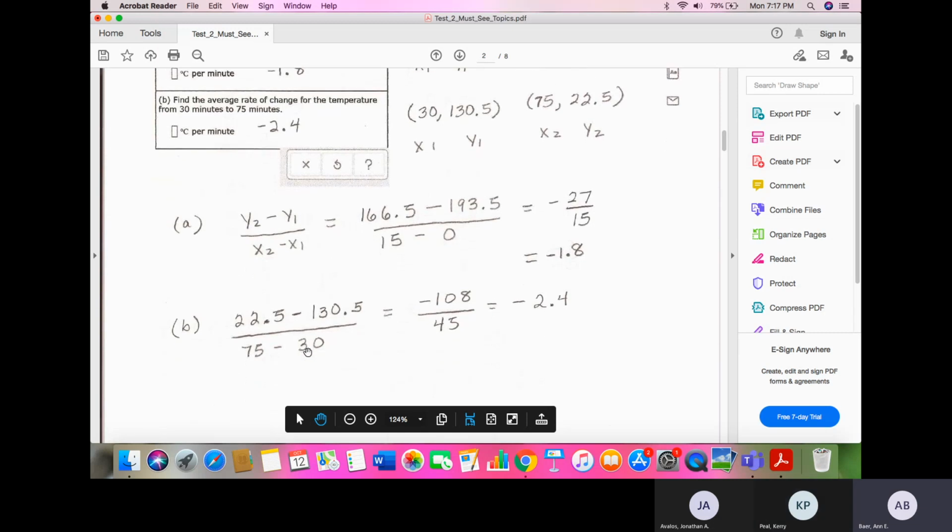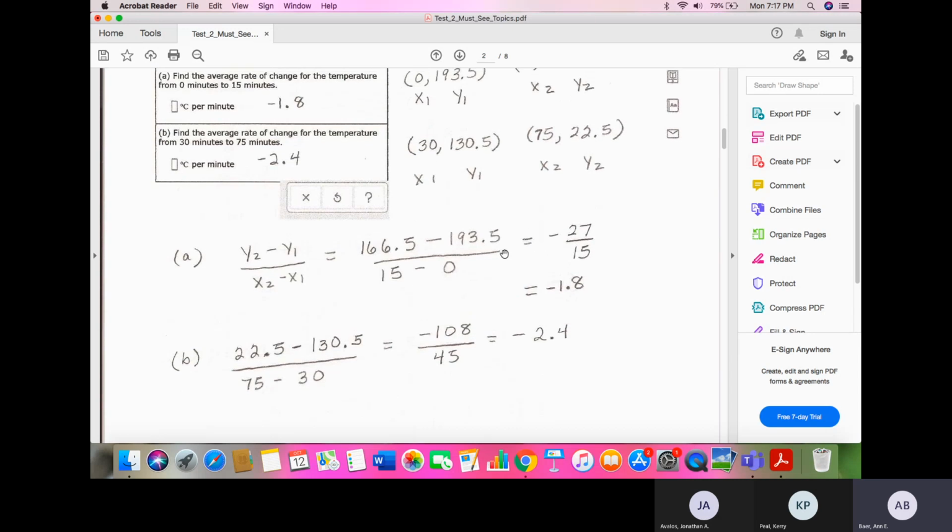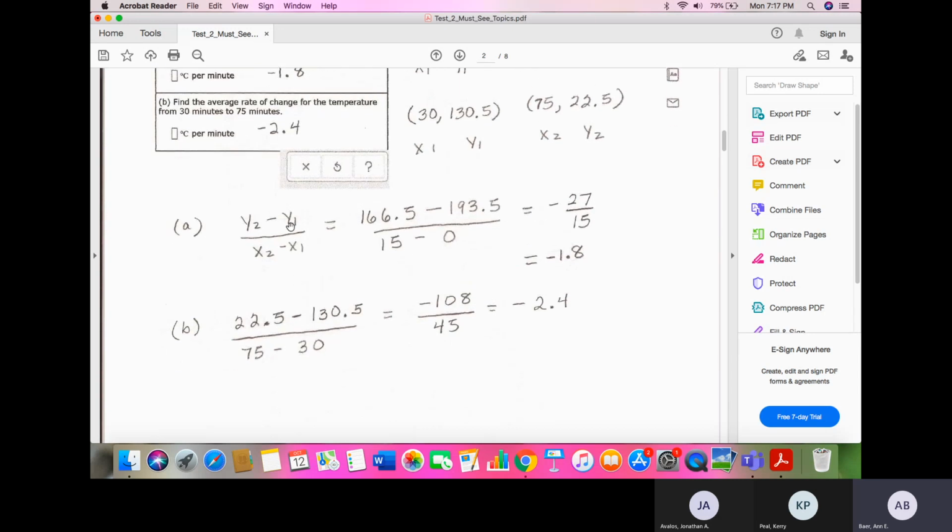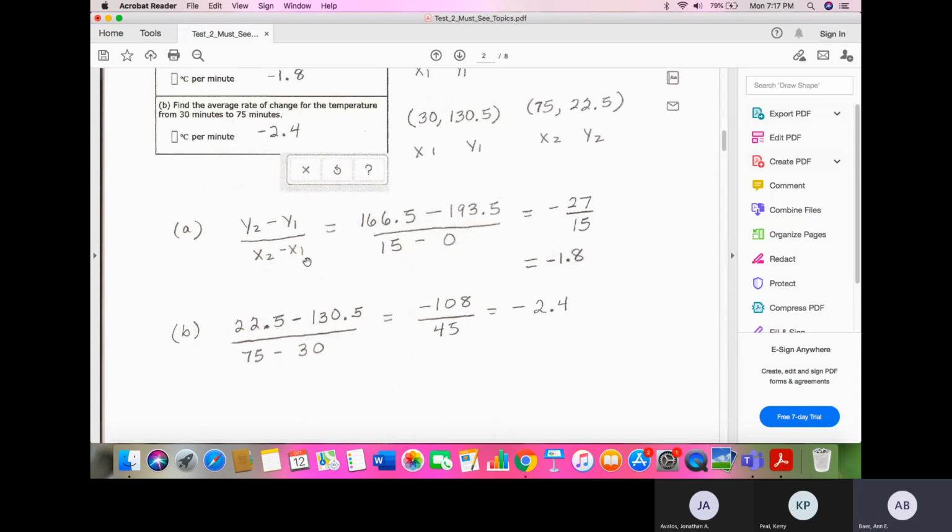I don't think that's really any more difficult than part A. So let's just take our time and do this, and it shouldn't take too long. So we still want to do Y2 minus Y1 over X2 minus X1.